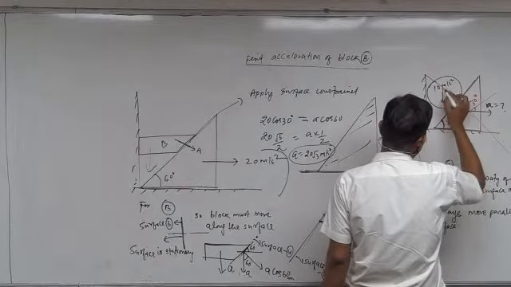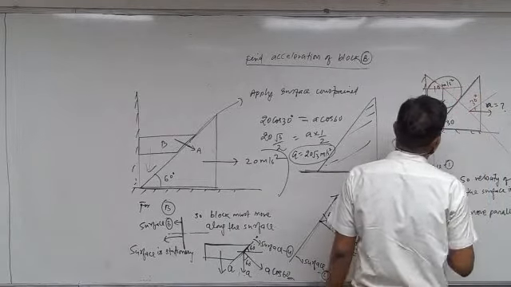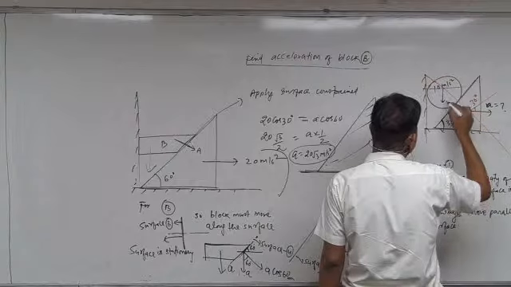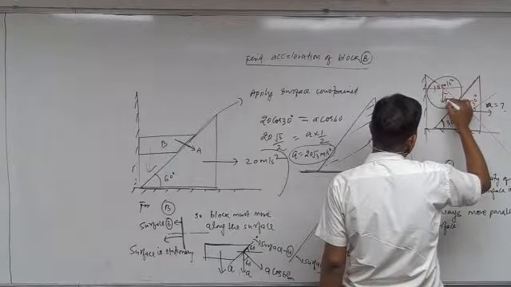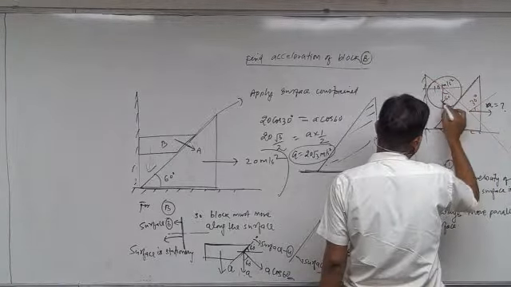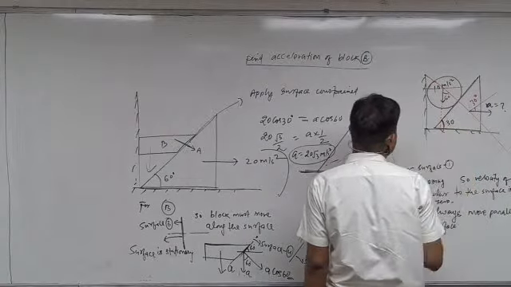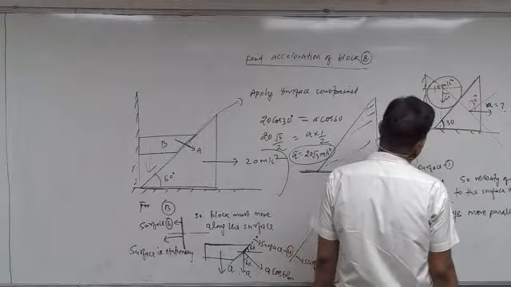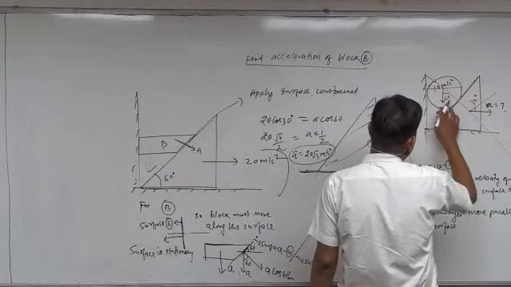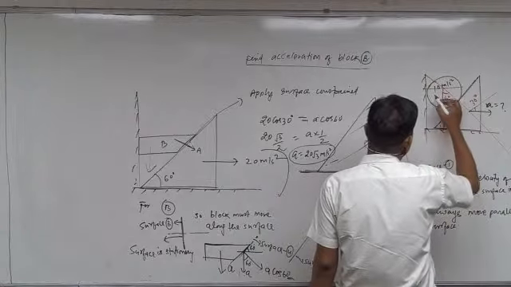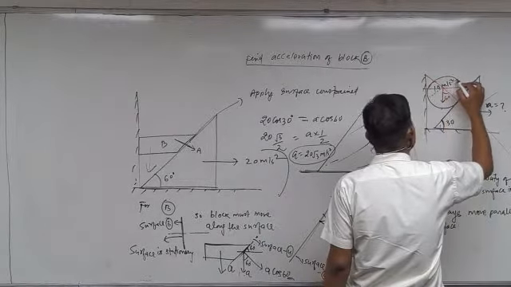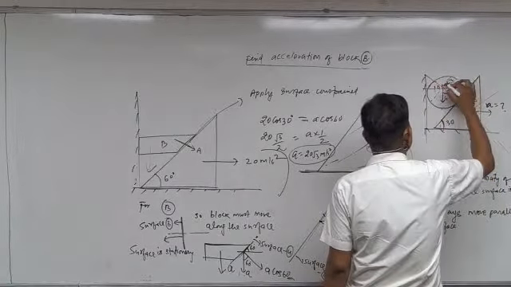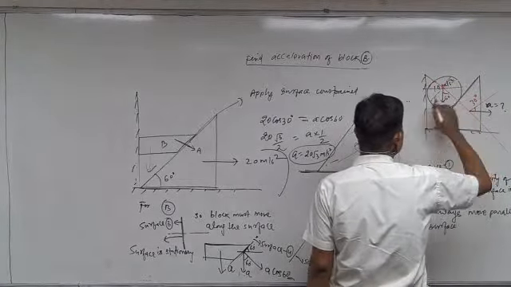And then we can also talk about this one. If this angle is 30, what will be this angle? This angle will become 60 degrees, because if I just drop a perpendicular this way, and draw another line in this manner, you can see this line and this line are parallel.